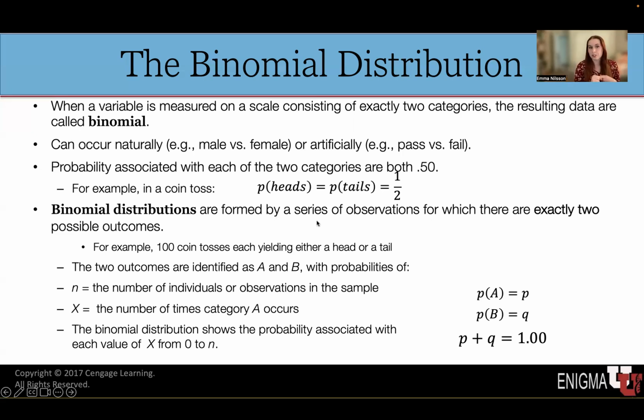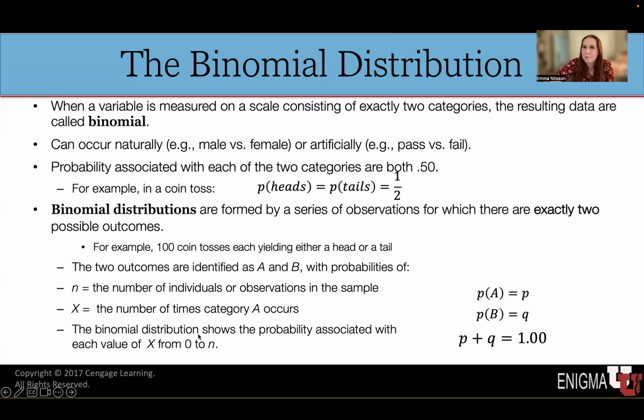Binomial distributions are then formed once you've performed a binomial test many, many times and have observed it. For example, 100 coin tosses. After those 100 coin tosses, if you charted your results, that would be called a binomial distribution.